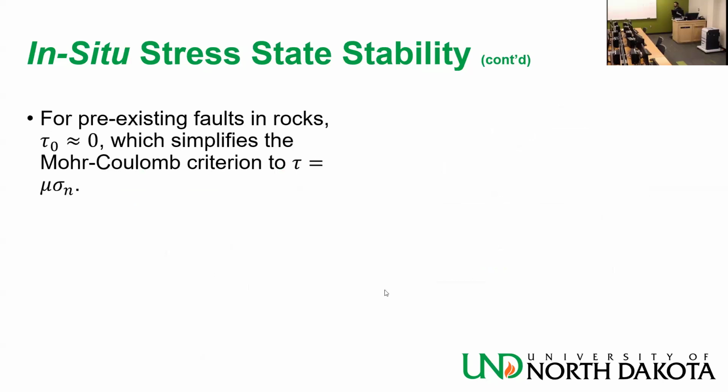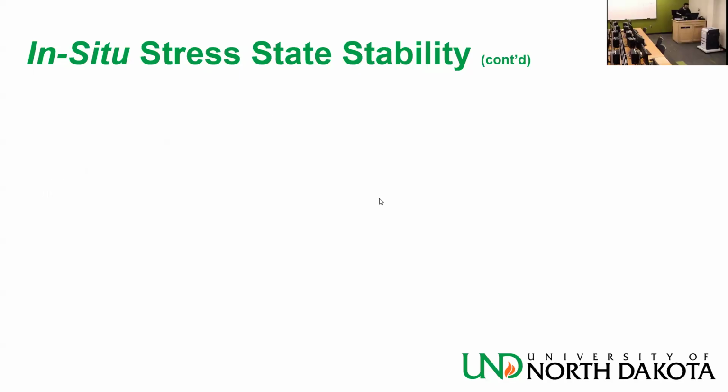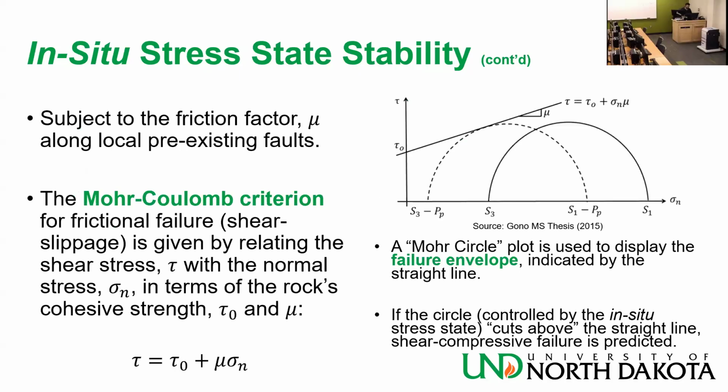Now, for rocks with pre-existing faults, tau naught would be equal to 0. With a big body of rock, you can assume that it has a lot of faults in it because they exist naturally. And that can help you simplify your equation to what I did earlier, tau equals mu sigma n. Graphically, it will do something like this.